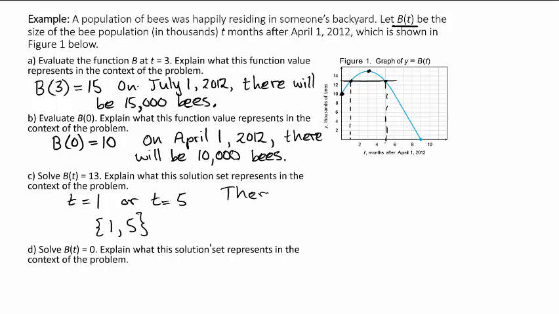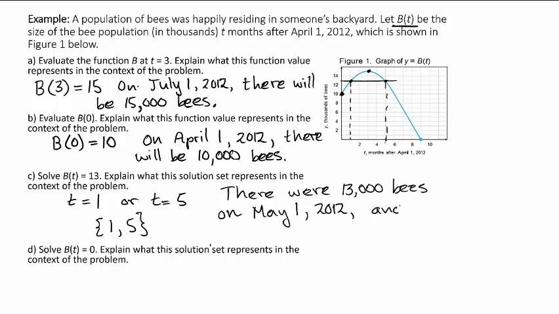I would say there were 13,000 bees a month after April 1st, so on May 1st, 2012, and on September 1st, 2012, right? Because September is 5 months after.